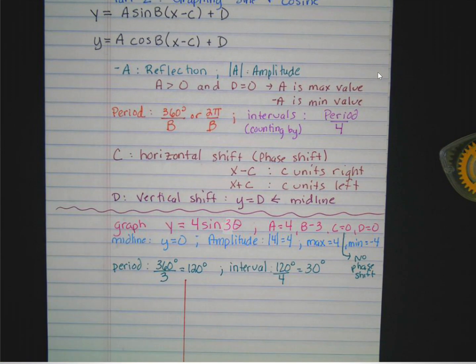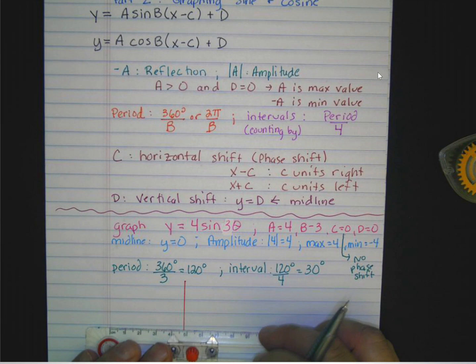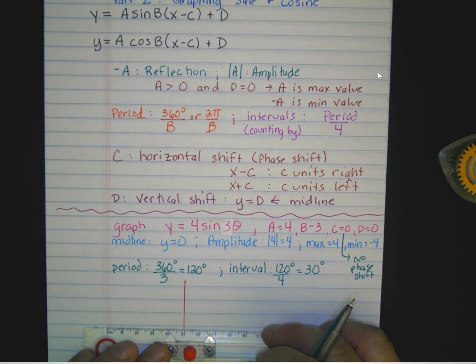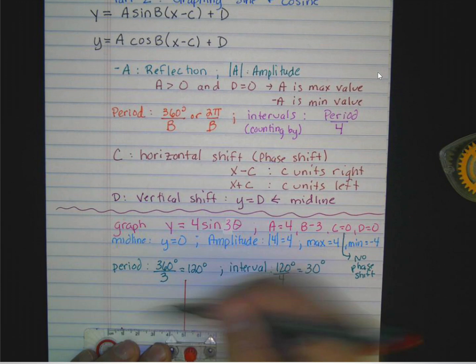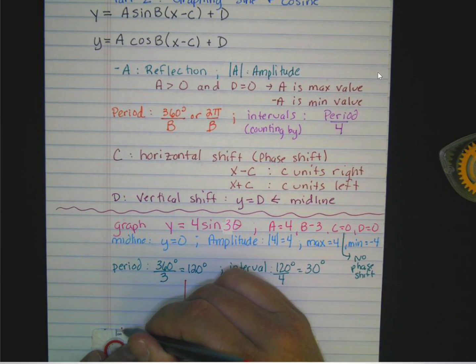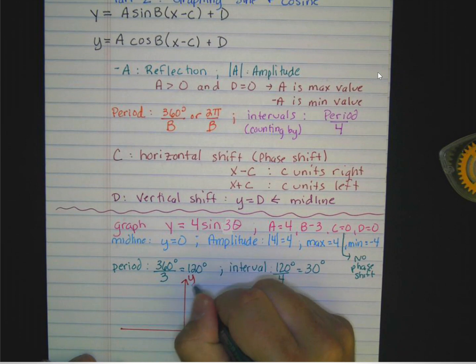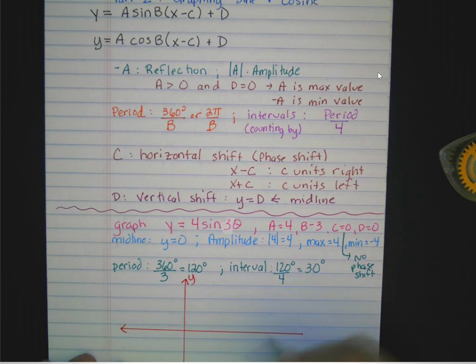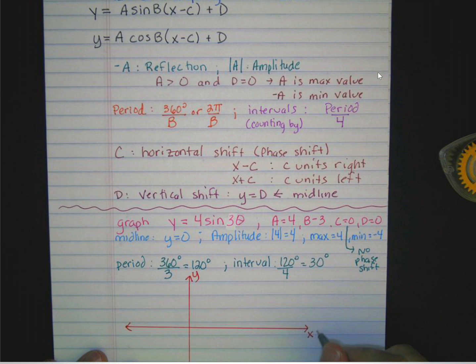And again, guys, we're just drawing these. We're not trying to be all perfect. It doesn't even matter. Just do it. All right, so this is y. This is x. Remember, x is actually theta.